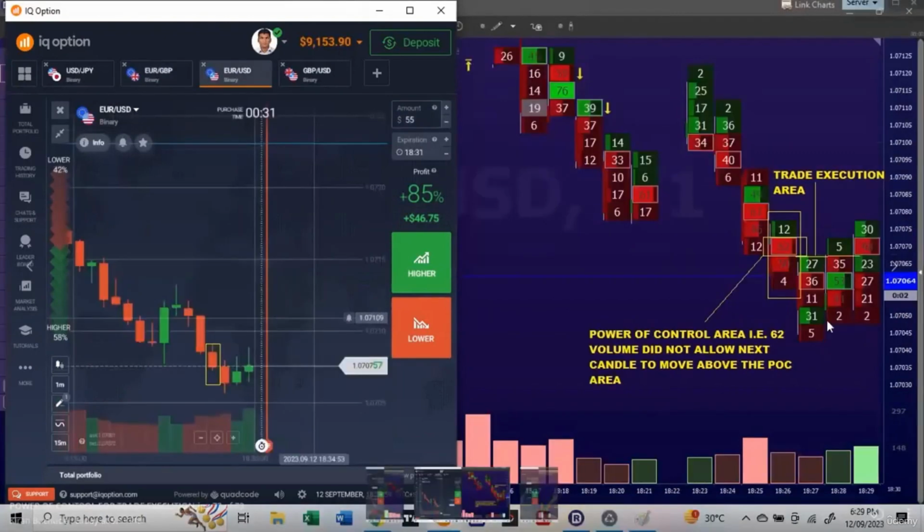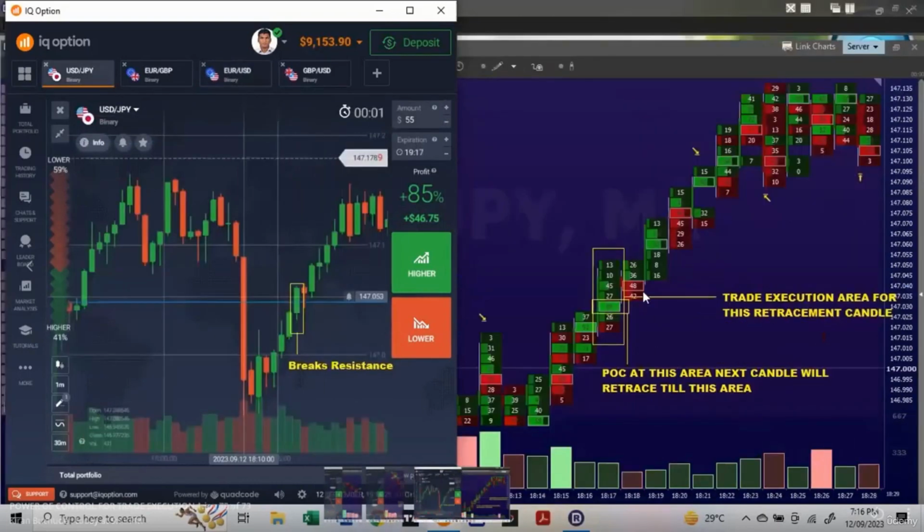Here in the downtrend market, the point of control area with 62 volume did not allow the next candle to move above the POC area. Basically it's a downtrend market condition and POC 62 here, and the next candlestick got rejected a little below, and then it again reversed back to the downward direction.